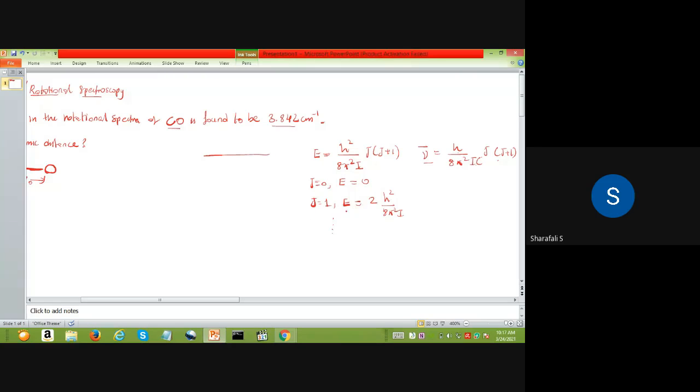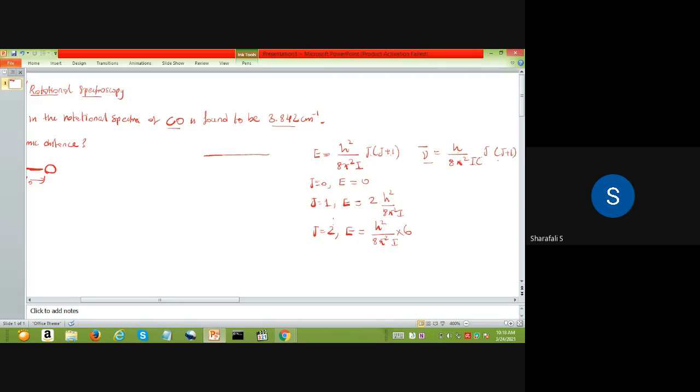So if you have J equal to 2, then E will be equal to h square by 8 pi square I, multiplied by 2 into 3, so this will become 6.